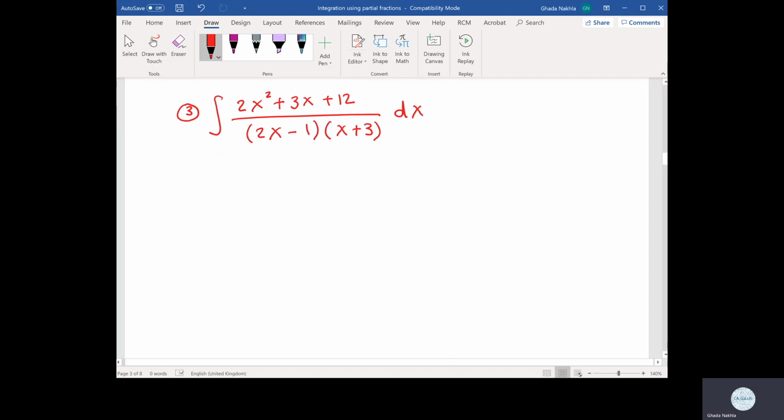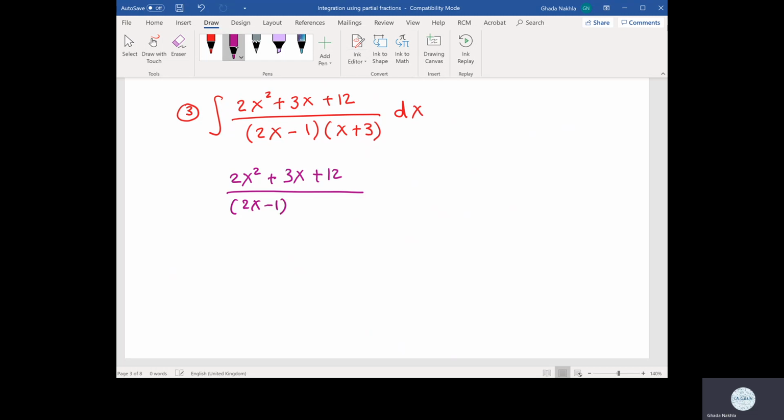And I am being told in the question to use partial fractions. 2x squared plus 3x plus 12 over (2x minus 1)(x plus 3) is equivalent to a plus b over something plus c over something. So I'm told to use this form of partial fractions.